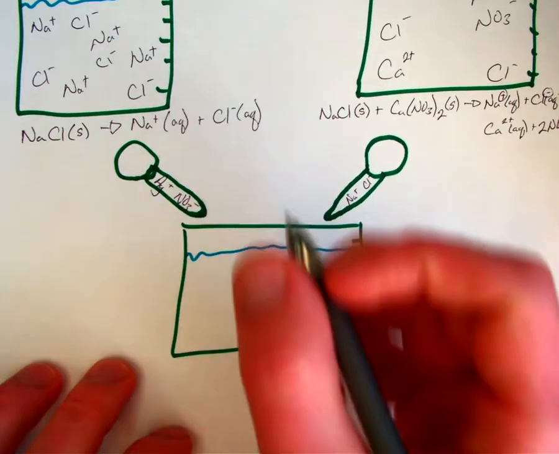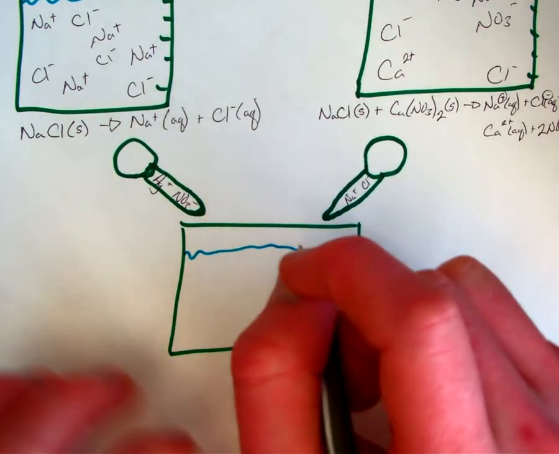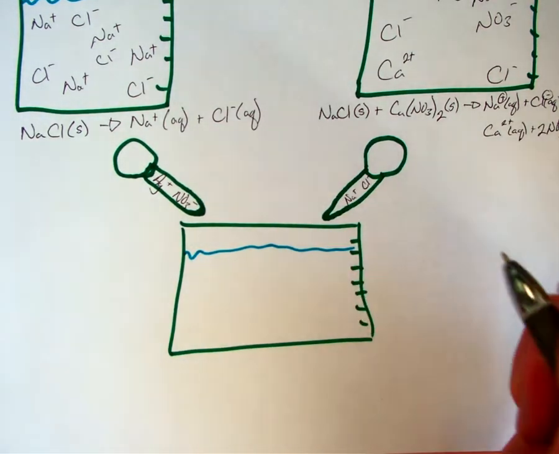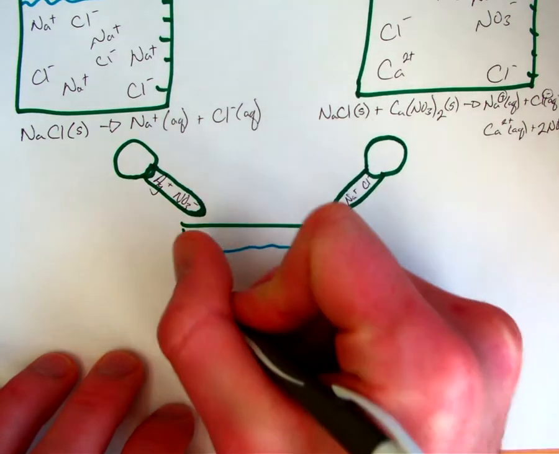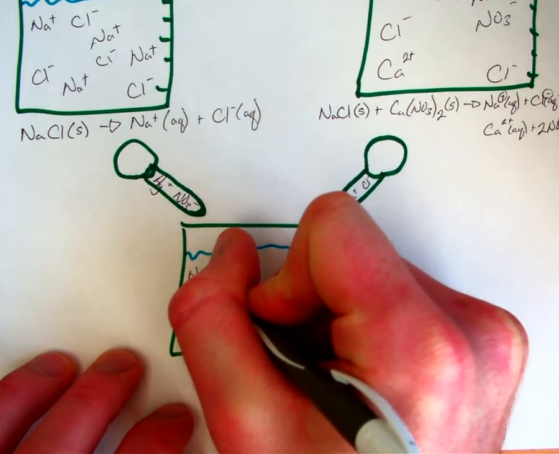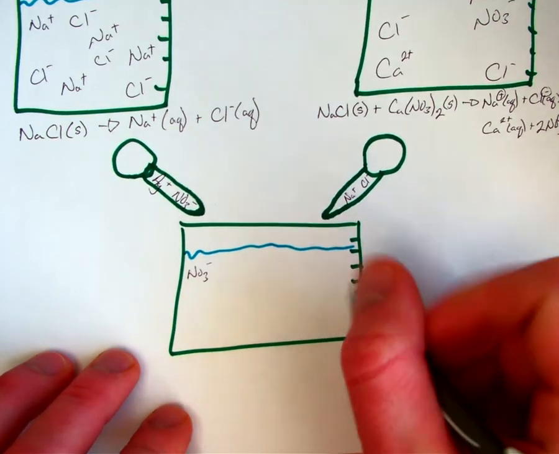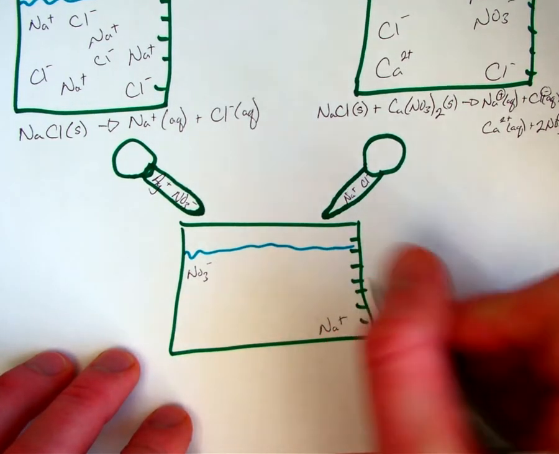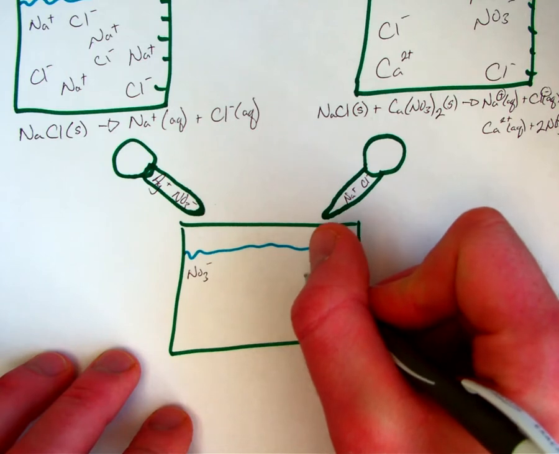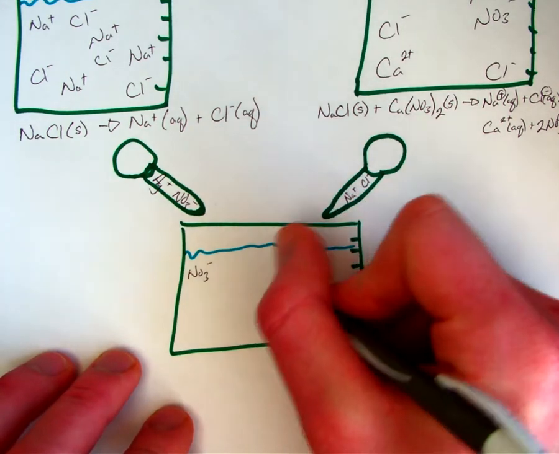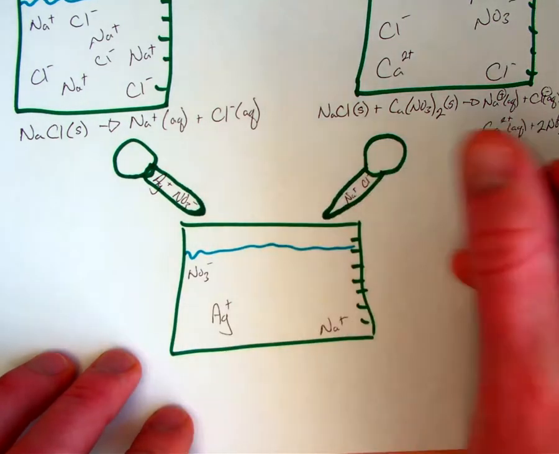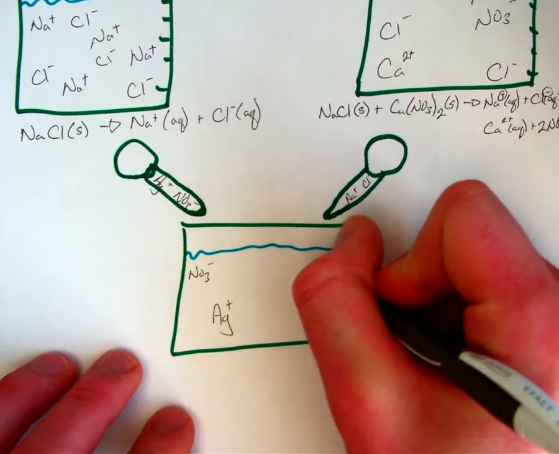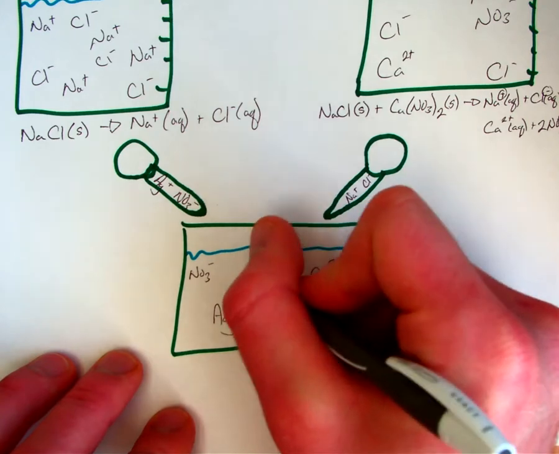As we mix them, we're going to recognize that silver and chlorine have a strong attraction to one another. So nitrate will separate, sodium will separate, silver will separate, chlorine will separate.